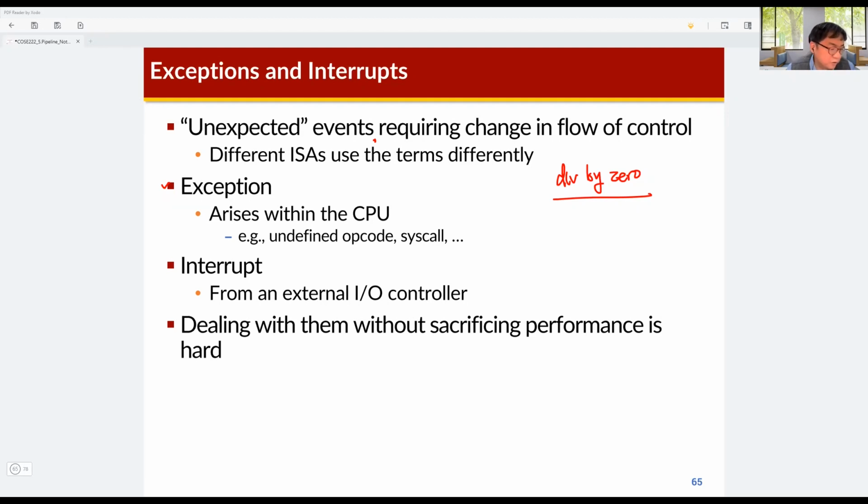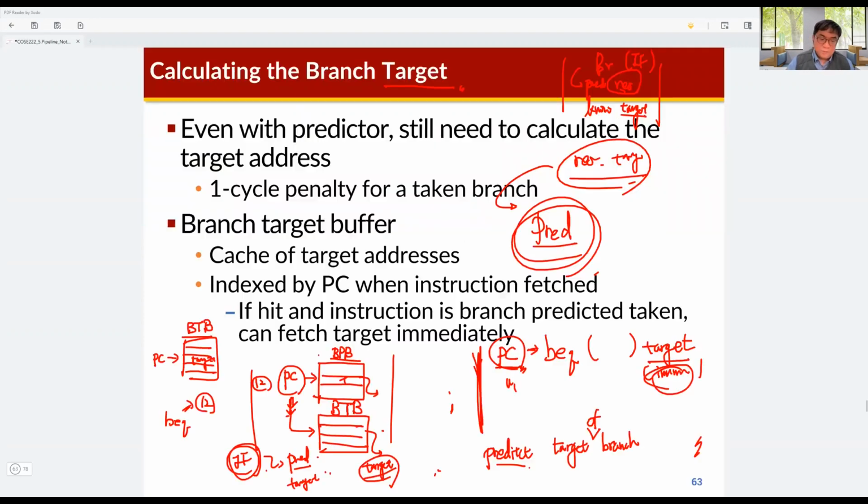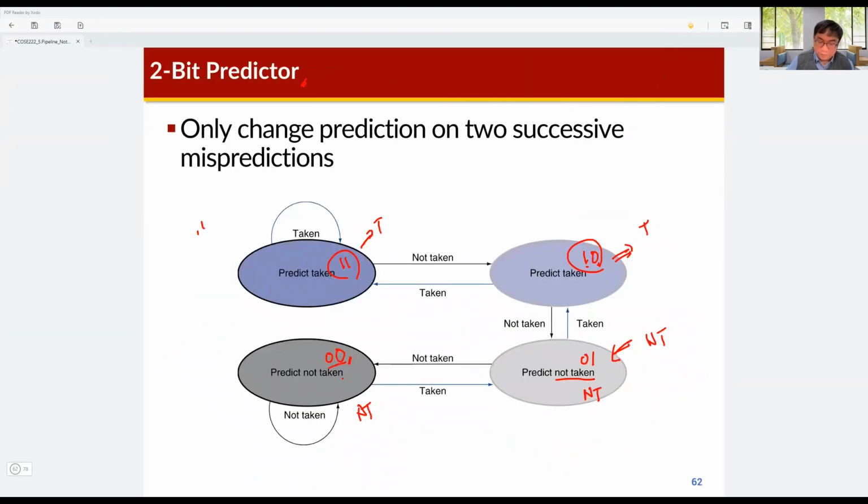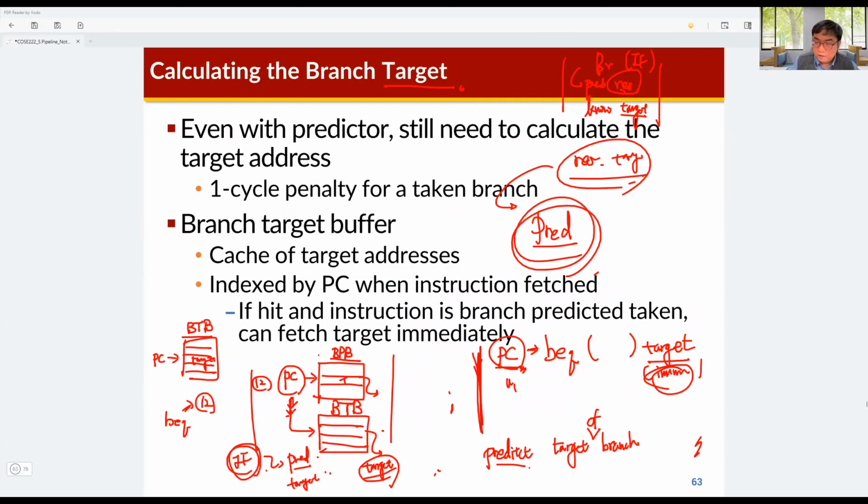It's a very good question. So BPV is addressed with PC. The width of the PC is very long, so that means the number of entries in BPV can also be very large. In order to avoid this case, we just use part of the PC. So we can say that our PC is 64-bit, but we cannot use the entire bits of this PC.